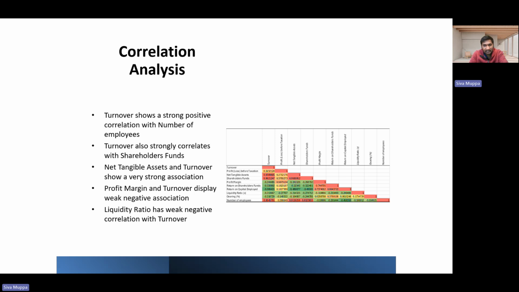This suggests that larger operational capacity and stronger capital positions align with higher revenue performance. In contrast, profitability ratios and liquidity measures show weaker and negative correlations, implying they do not directly drive turnover levels in the data set.